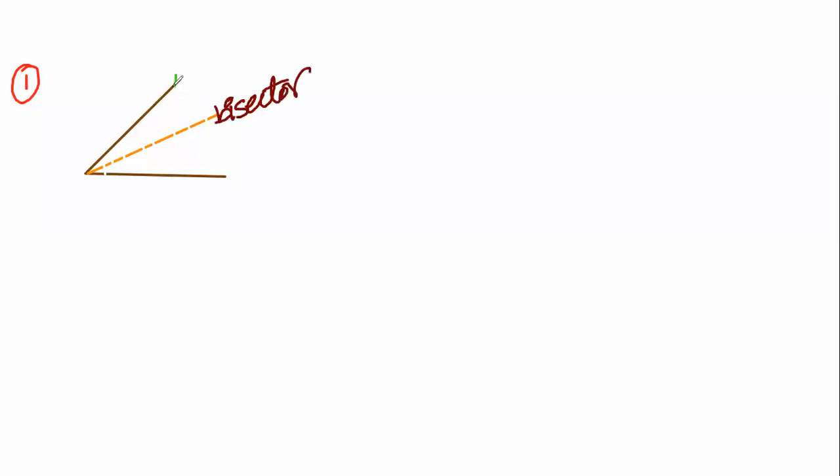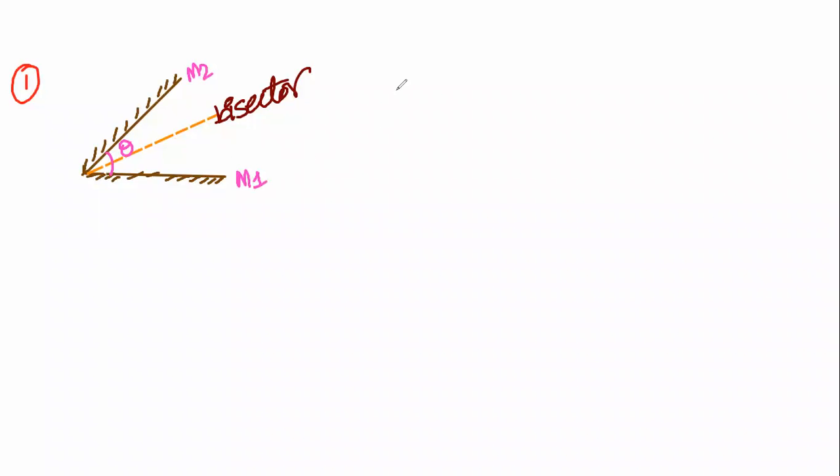These are the two plane mirrors, M1 and M2, inclined at an angle theta. The angle between the two mirrors is taken as theta. The object may be anywhere, here or here.